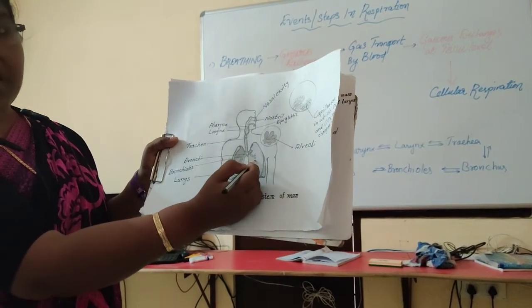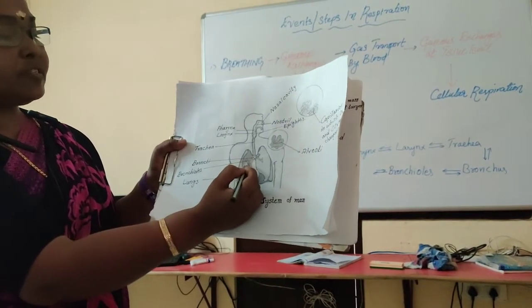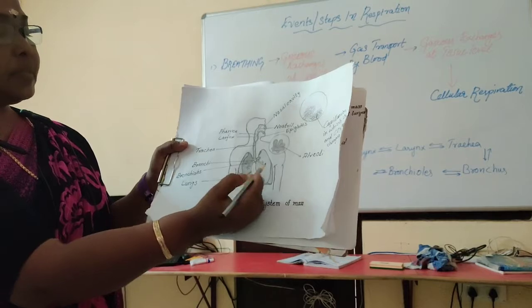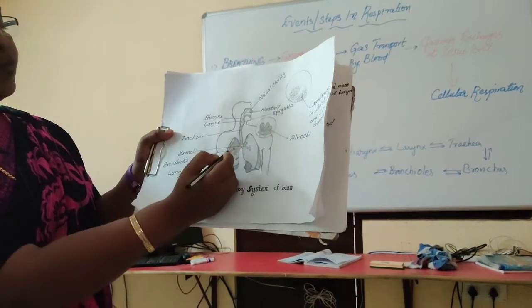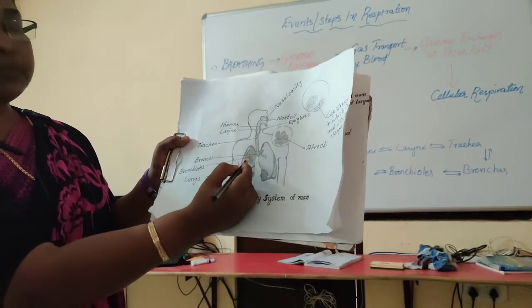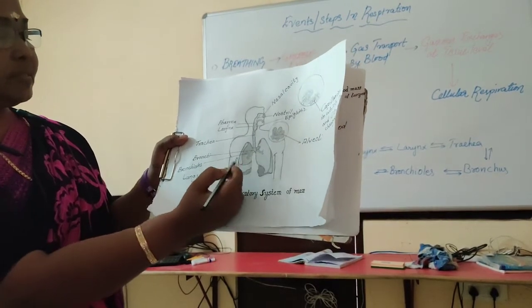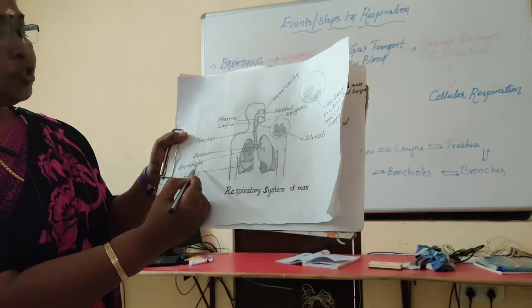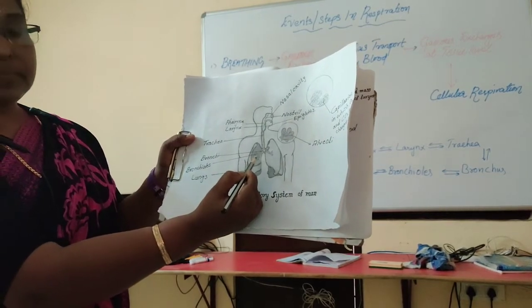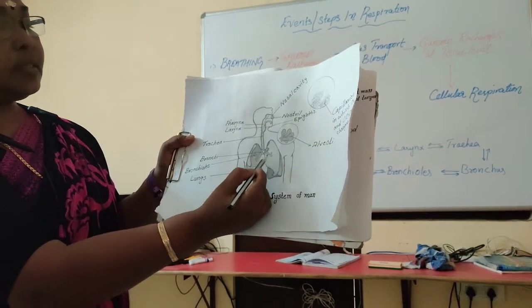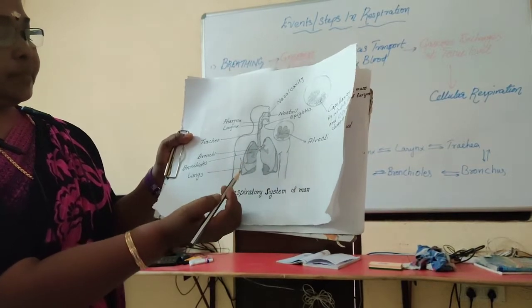The lungs have two parts. Each branch further divides into a number of branches in each lung. They are called bronchioles. Many branches are there.